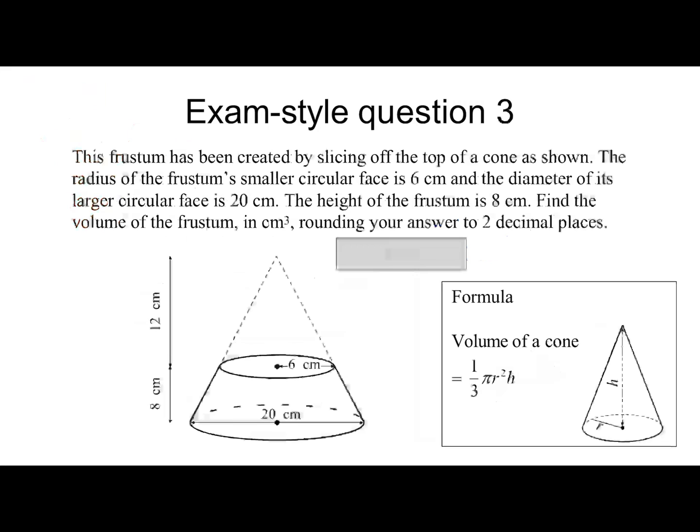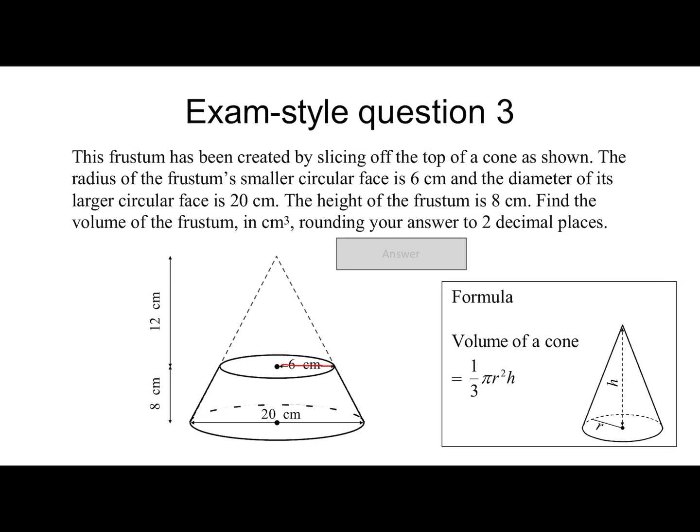Finally, what about this one? This shape here is called a frustum. A frustum is essentially a cone, but where the top of the cone has been sliced off at some point. The radius of the frustum's smaller circular face is 6 centimetres.